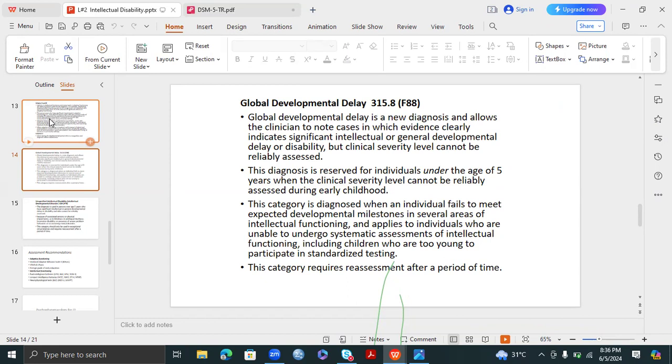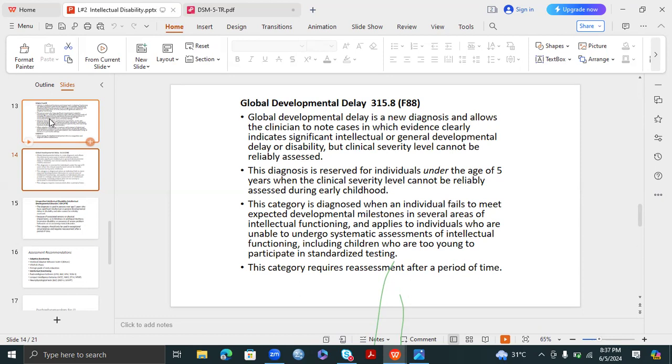But in case you, as a clinician, are facing clear indications that a significant intellectual or general developmental delay is present, but your clinical assessment is not accurate enough to give a reliable assessment, then at that moment you are advised not to diagnose a person with an intellectual disability.